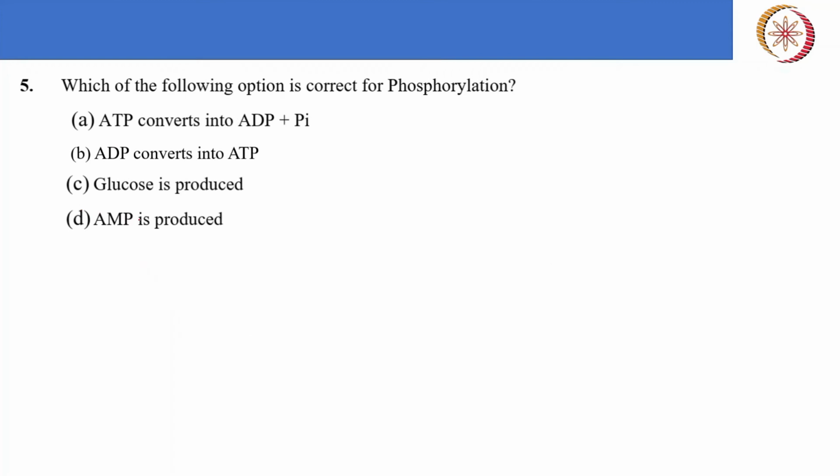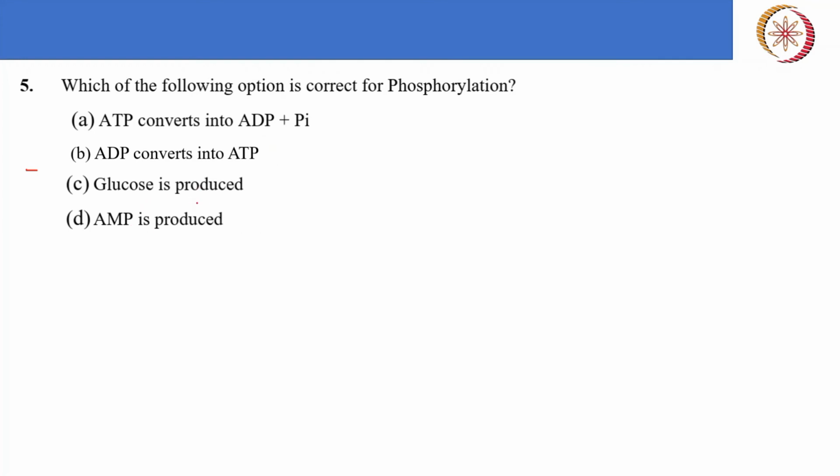The next question is which of the following options is correct for phosphorylation? The first option is ATP converts into ADP plus Pi. ADP converts into ATP. ATP means adenosine triphosphate and ADP is adenosine diphosphate. Glucose is produced and AMP is produced.